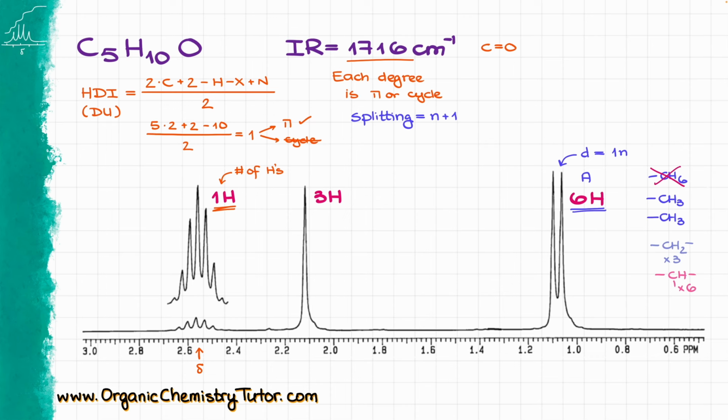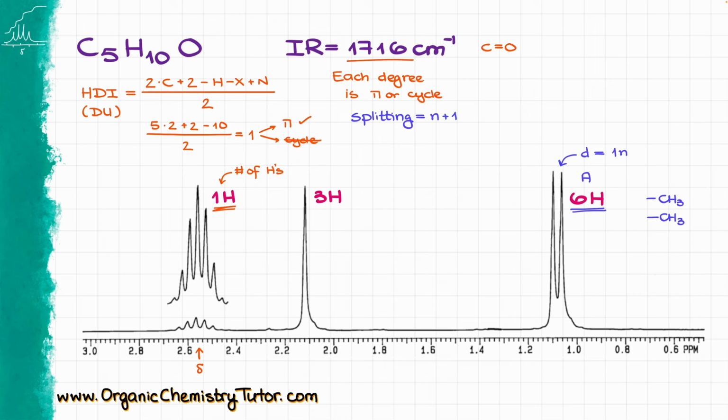Generally speaking, whenever it comes to breaking your signal into multiple groups, I always recommend going with the largest group first, and if that doesn't work, then we can break those down into smaller groups. So in this case, I'm going to stick with 2 CH3s, and I'm going to discard the 3 CH2s or 6 CHs as nonsensical options.